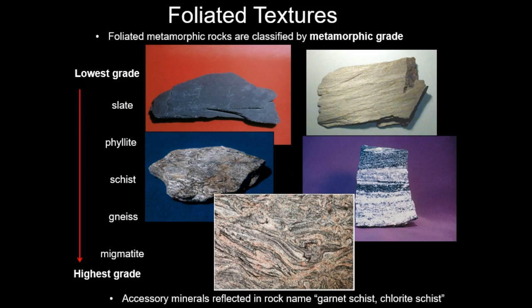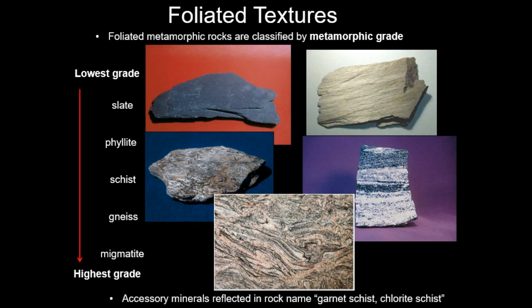So typically any metamorphic rock containing a large amount of accessory minerals, or minerals uncommon in the vast majority of rocks, are named with that accessory mineral at the beginning of the rock name. And then that is followed by the texture type.